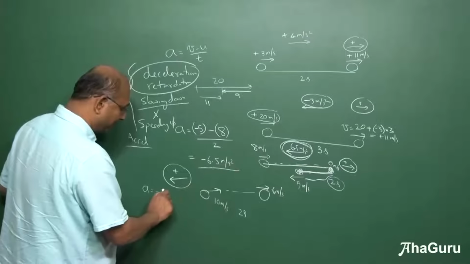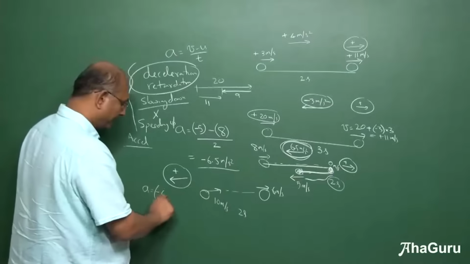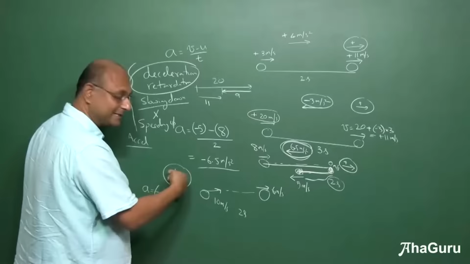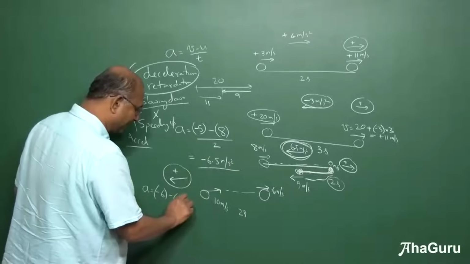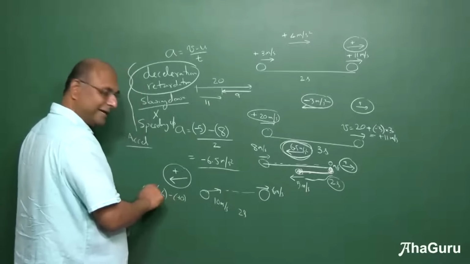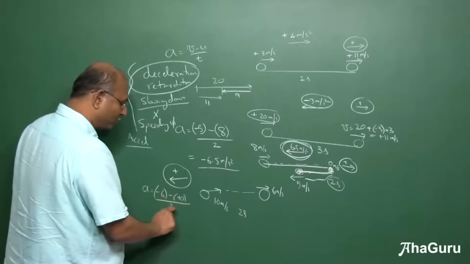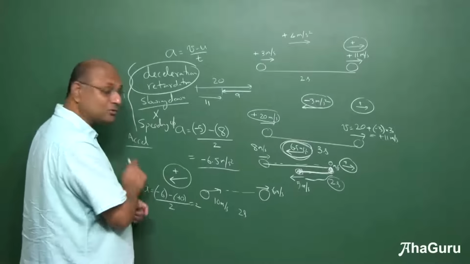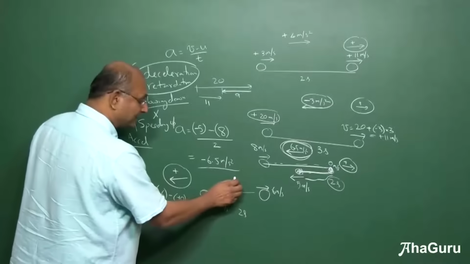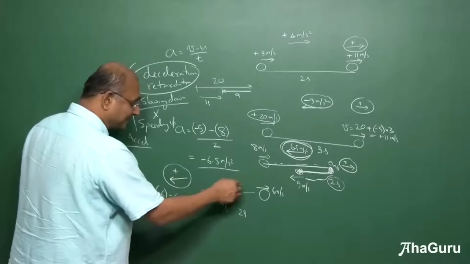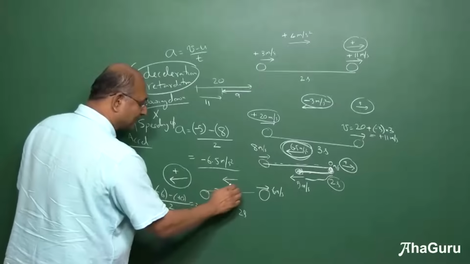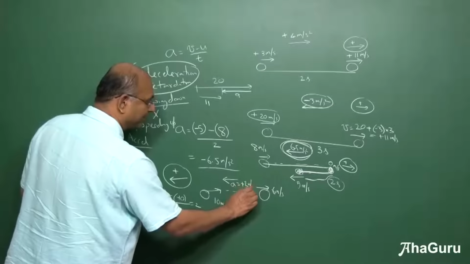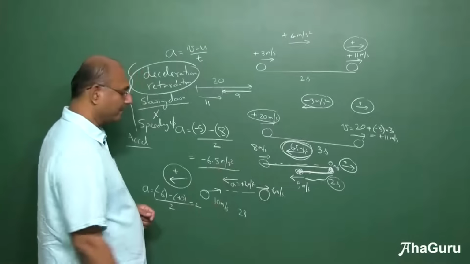Final velocity minus 6, initial velocity minus 10, because this is the plus direction. So this is minus 10. So what is the change in velocity? 10 minus 6, 4. 4 by 2 is 2. Plus 2. Acceleration is plus 2, but plus is in this direction. So acceleration is plus 2 meters per second square.